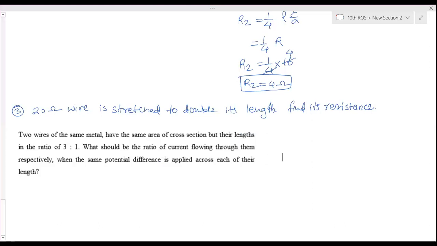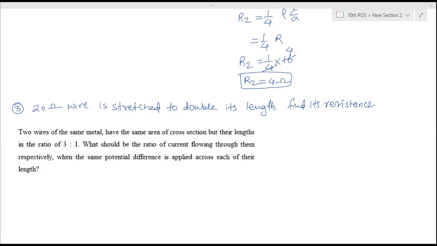How to find out? How to find the answer? Yes.